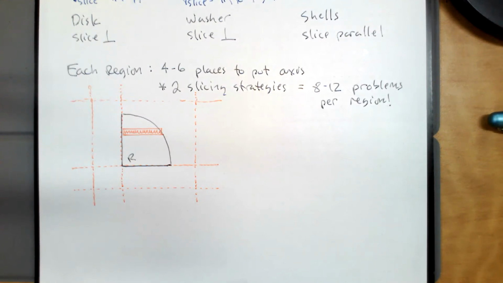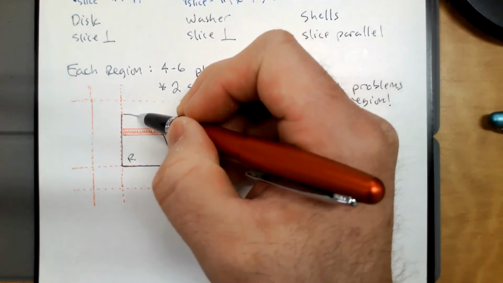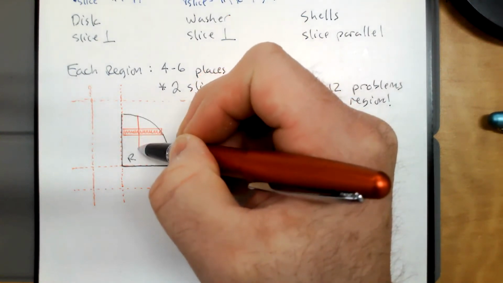Here's a slice that we could draw if we're going to slice perpendicular. We have decided to slice perpendicular to one of these vertical axes. Or maybe that's the slice that we draw because we decided to slice parallel to one of those horizontal axes. Or I could draw a vertical slice in the region.